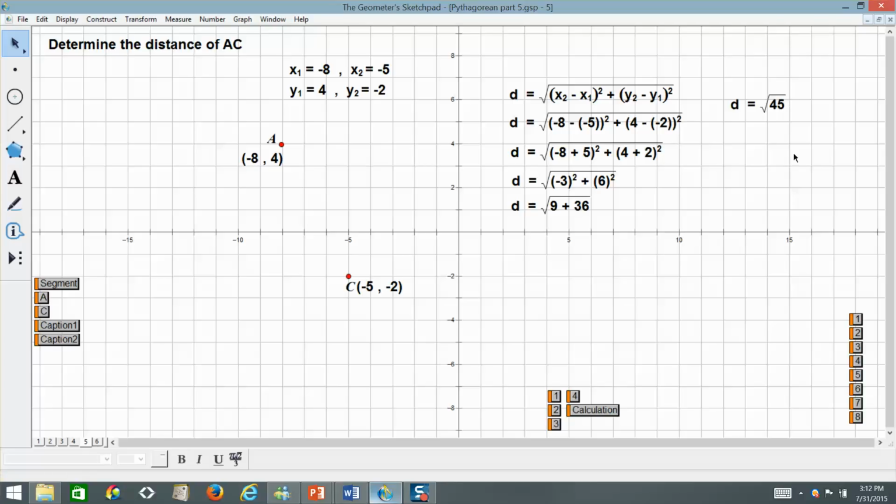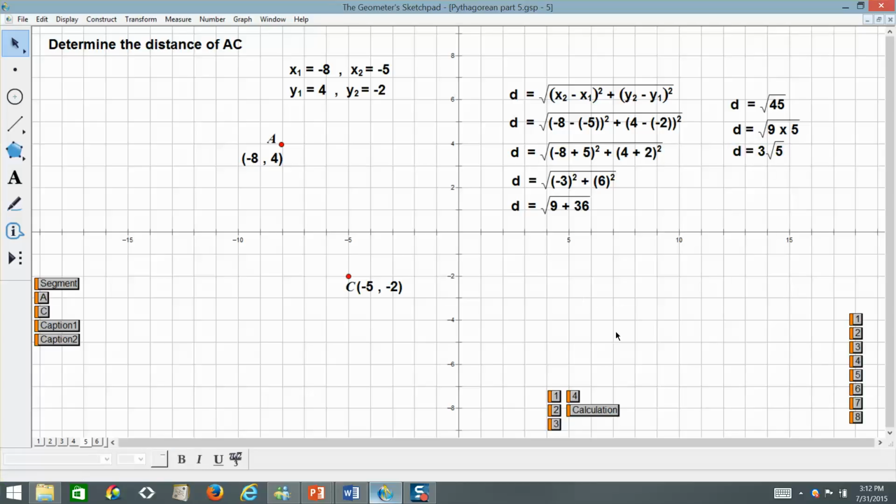So we can change 45 to 9 times 5, and the square root of 9 is equal to 3, so we get the result: 3 square root of 5.